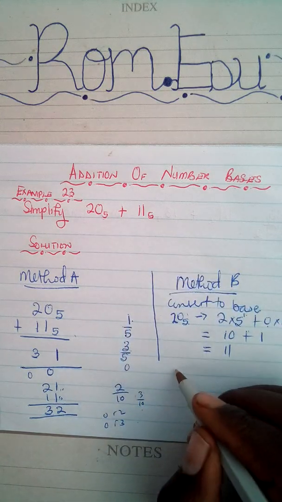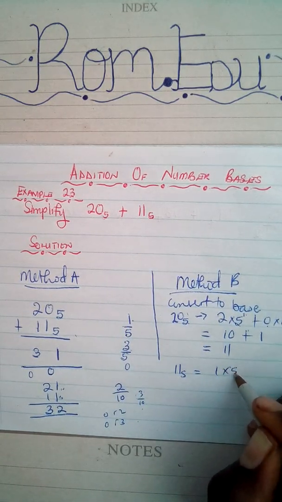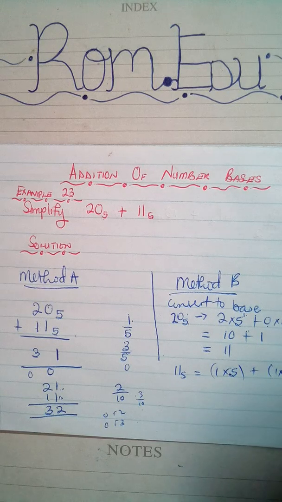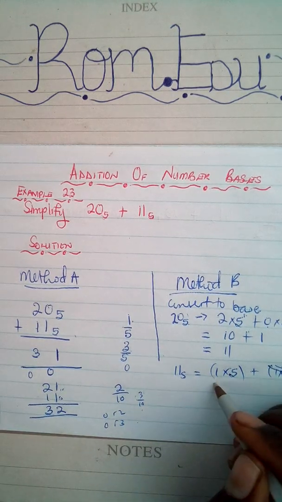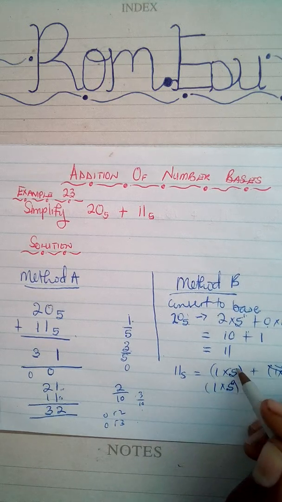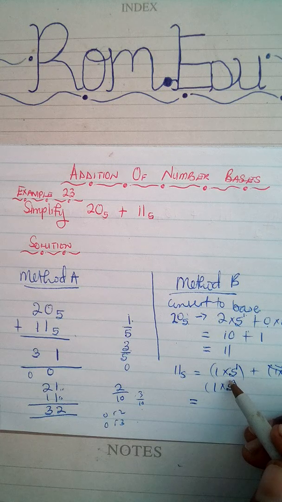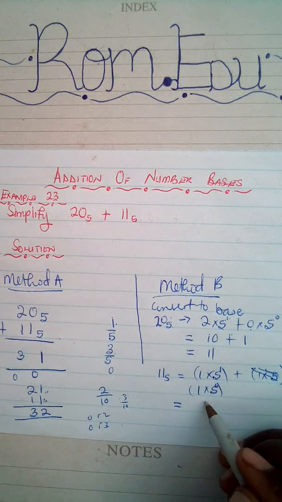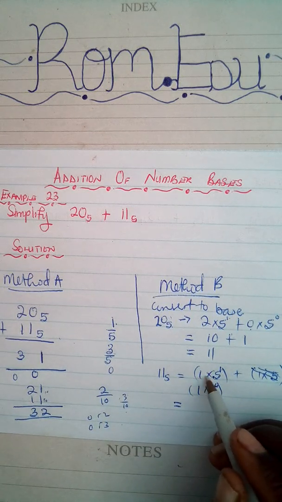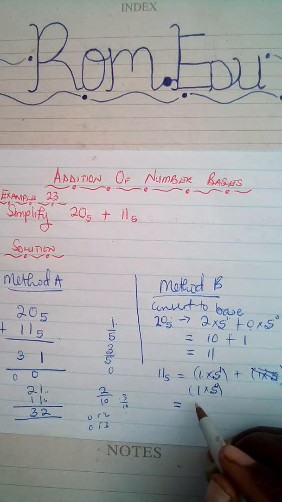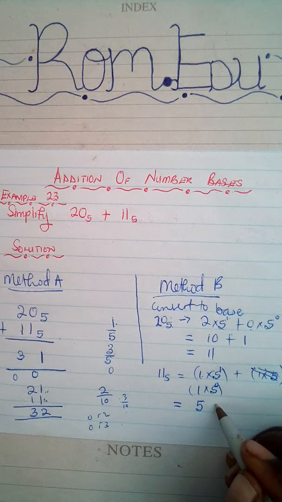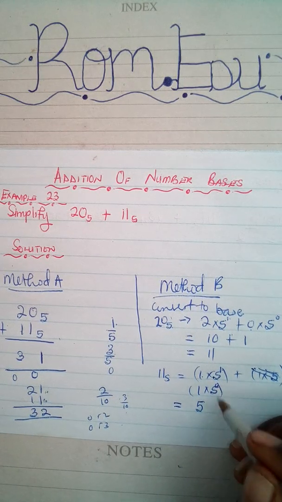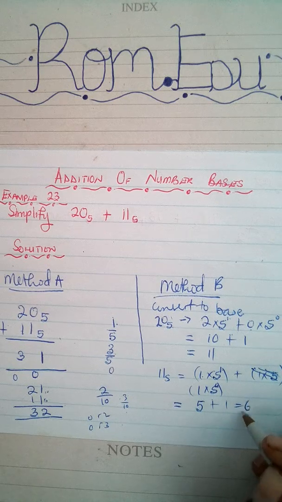Then I do the same thing for 11. 1 times 5 to the power 1, that's 5, plus 5 to the power 0, that's 1, times 1, that's 1. So this one is going to be a 6 there.